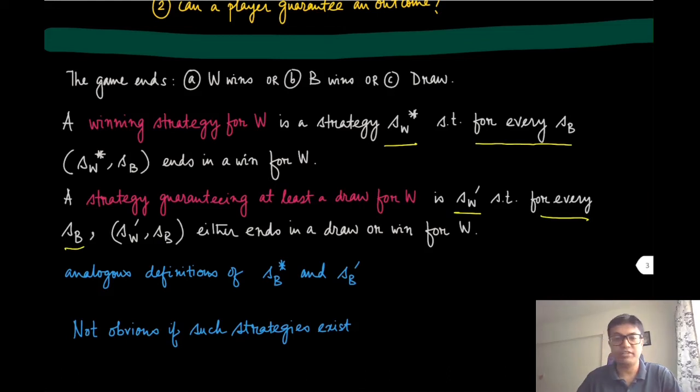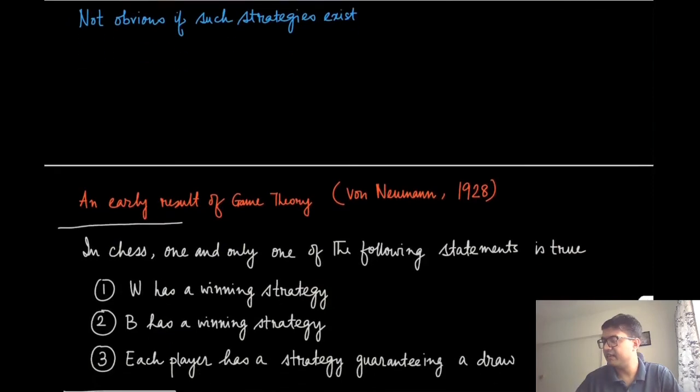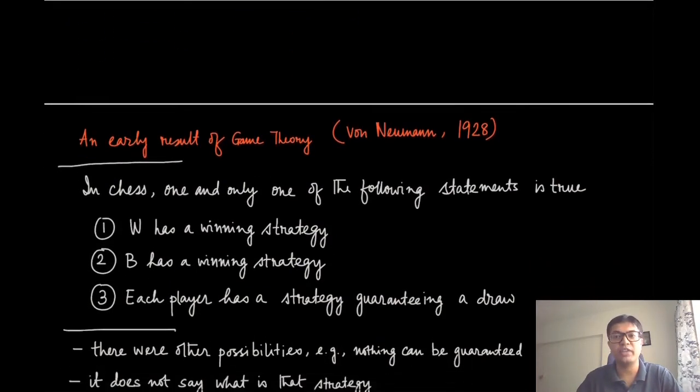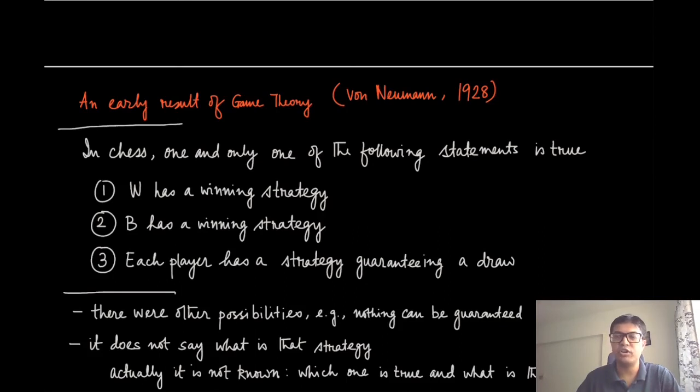Now it's not obvious, as we have discussed, that such strategies exist. Whether there exists some kind of such a thing, we do not know. So there comes one of the most classic results, one of the very early results, due to von Neumann in 1928. It essentially demystifies this question that I have just asked. One and only one of the following statements is true. And what are these statements?